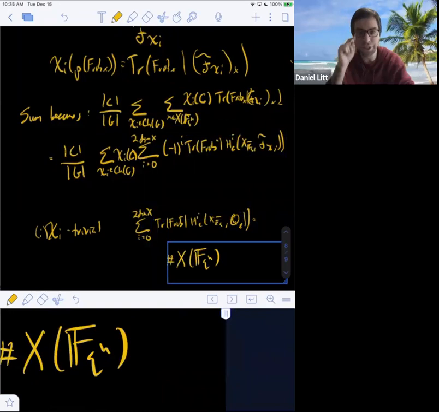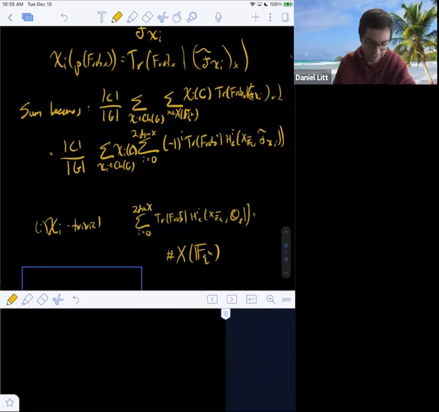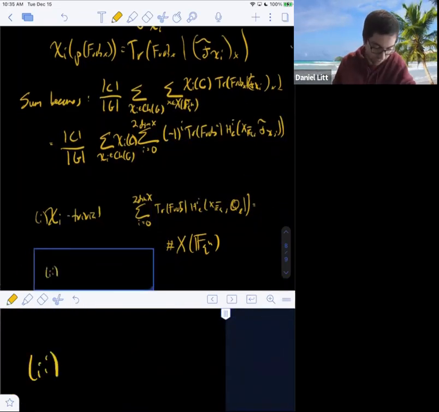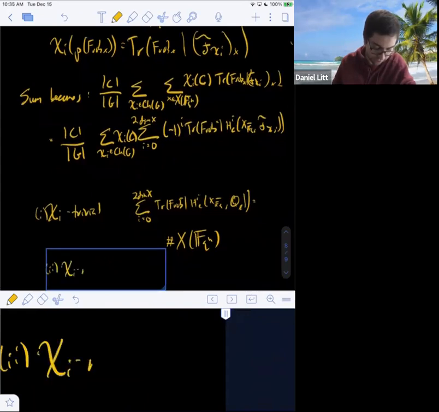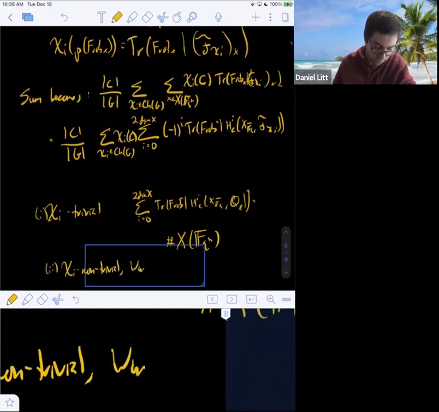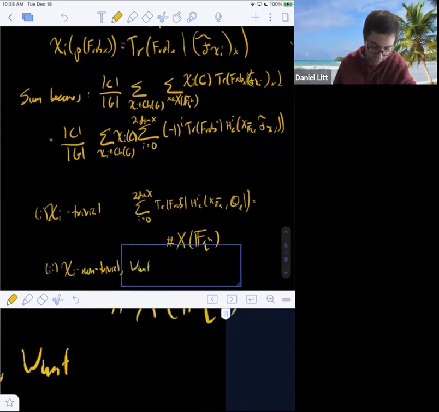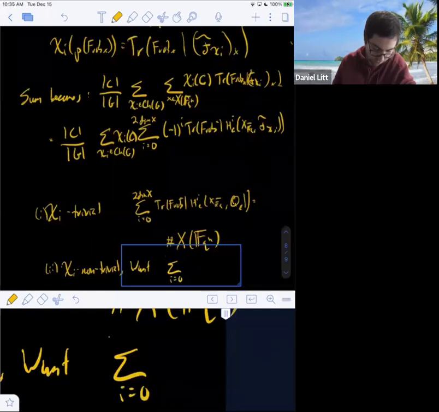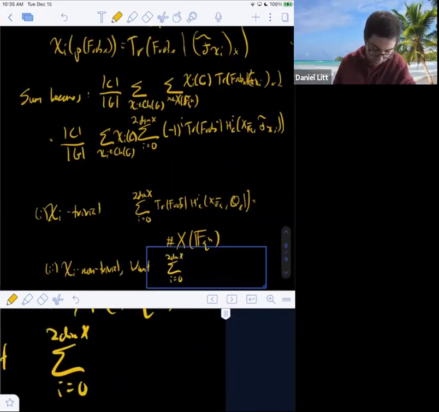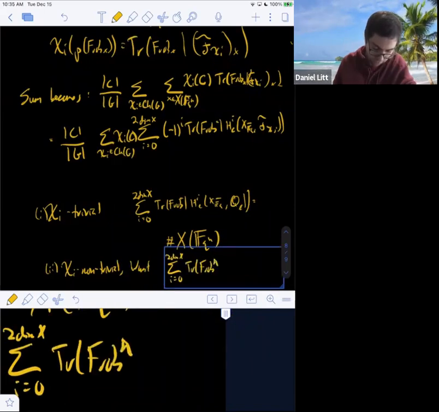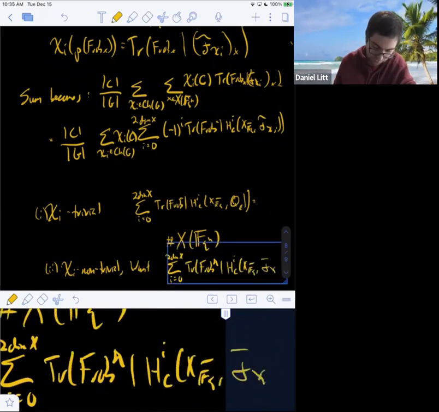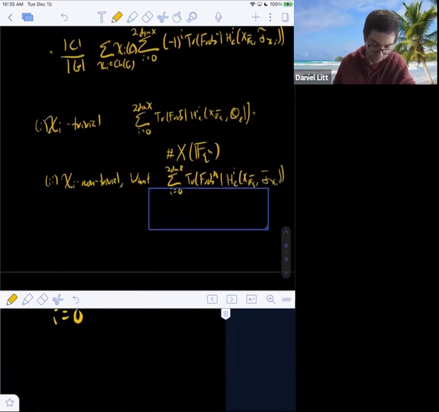So we want to show that everything else is small. The other situation is that chi I is non-trivial, and we want the sum I equals 0 to 2 dim X of the trace of Frob to the n on the compactly supported cohomology of X with coefficients in the associated sheaf to be small.